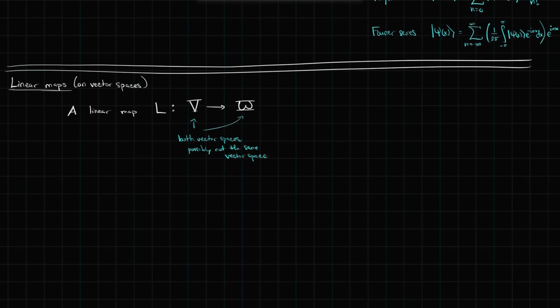So a linear map L, mapping V to W, satisfies the property: L against a linear combination, so I'll say a V1 plus b V2, equals a linear combination of the outputs.